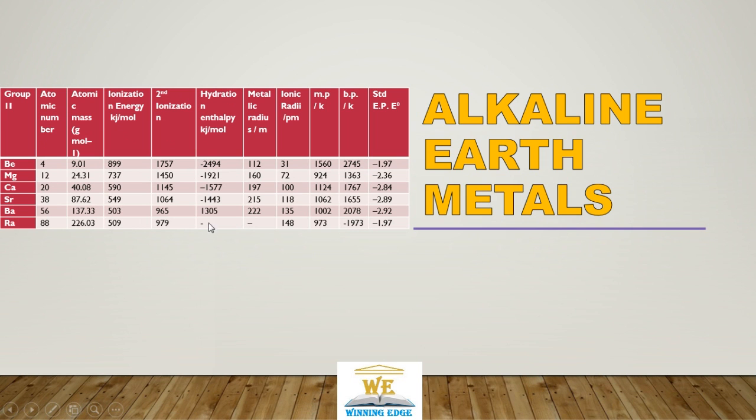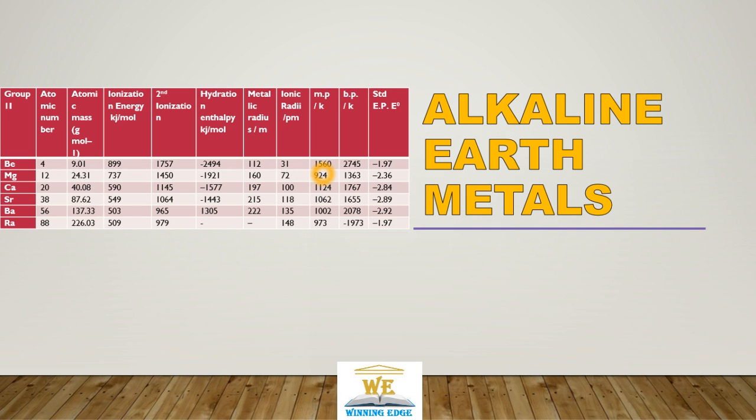Now we have hydration enthalpies just like for alkali metals, but here hydration enthalpies are higher because of higher charge to atomic radius ratios compared to alkali metals. Melting points are fairly high and decrease down the group.